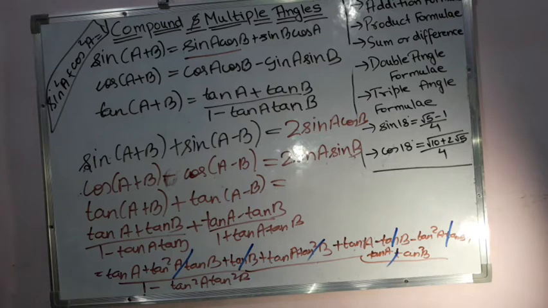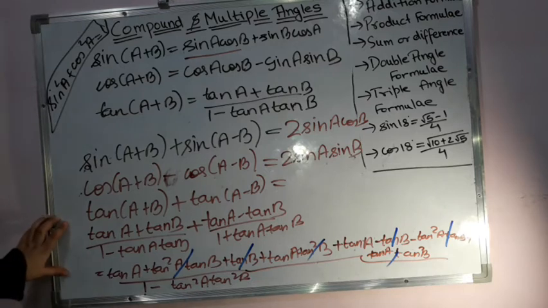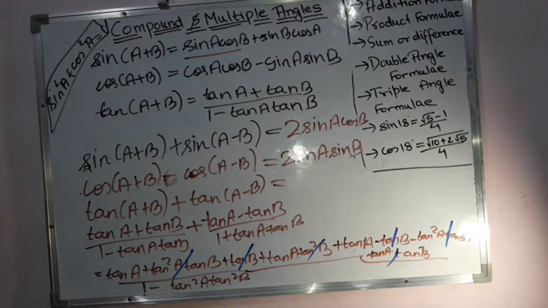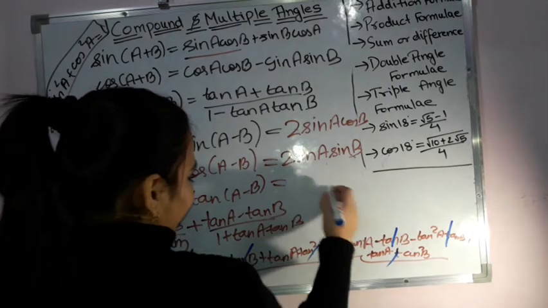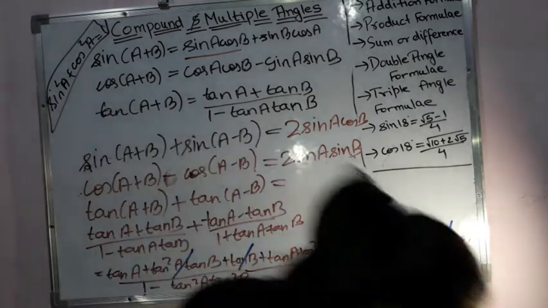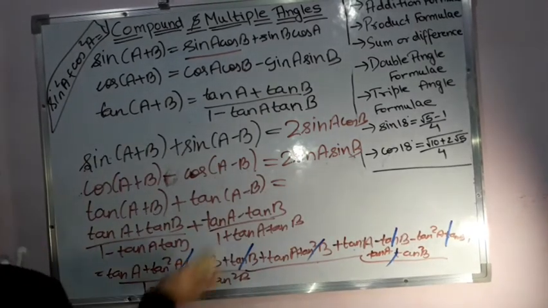So I'll be having it as tan A plus tan B. Now if you just solve it, then you'll be getting the value as tan square A plus tan square B upon 1 minus tan square A tan square B, right?